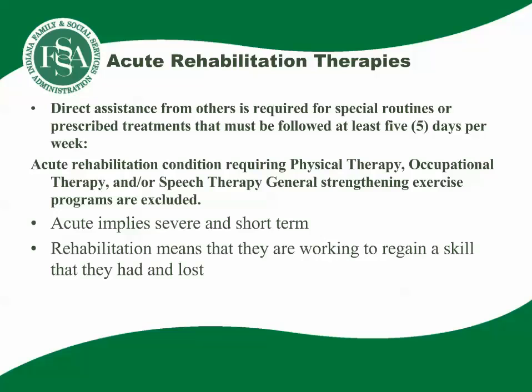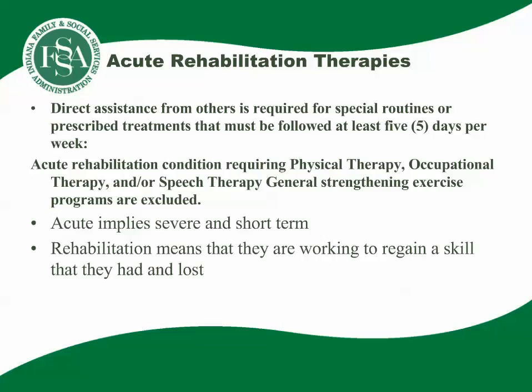So for instance, if an individual has fallen and broken a hip, they may have a condition that is going to require some pretty extensive physical and occupational therapy, but it's going to be expected to be a short-term intervention. So we can't use that as a means to find long-term level of care for a waiver recipient.